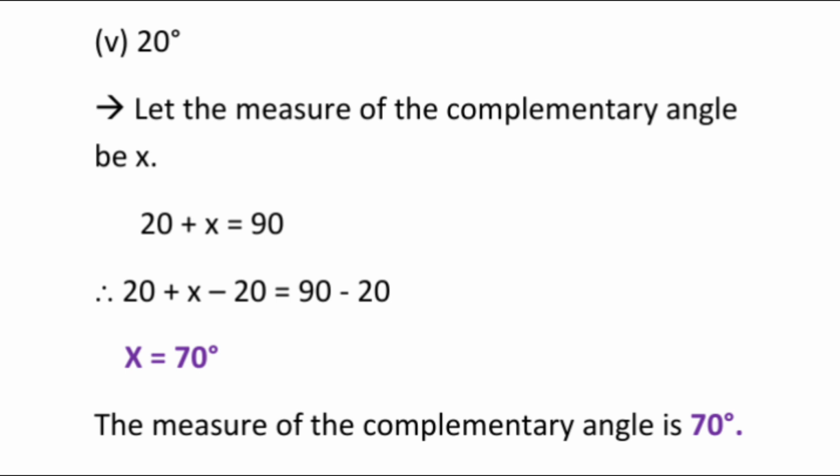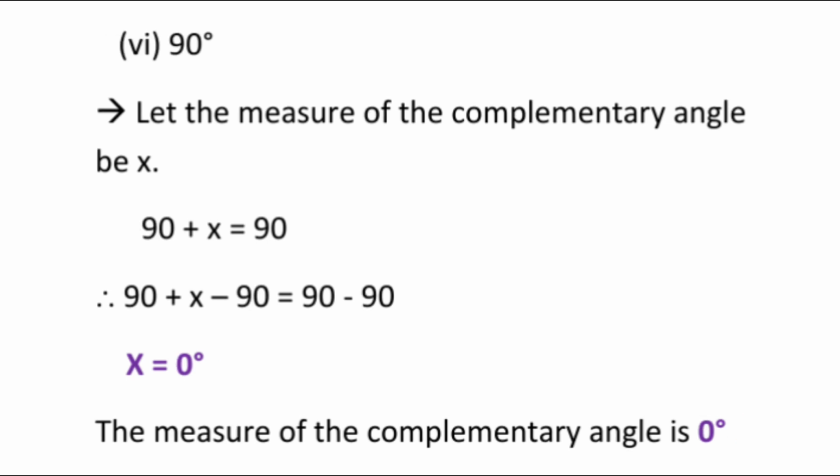Fifth one, 20. Let the measure of the complementary angle be x. Then 20 plus x is equal to 90. Subtracting 20 from both the sides, we have x is equal to 70. So the measure of the complementary angle is 70. Sixth one, 90 degrees.